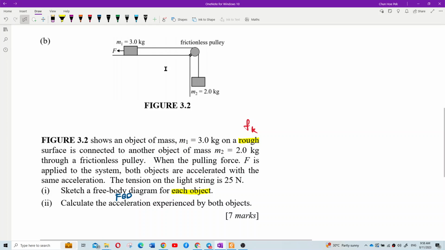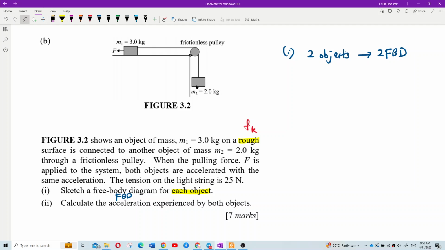Here, how many objects do you have? 2 objects. So if you have 2 objects, you need to draw 2 free body diagrams. Remember, I told you this.